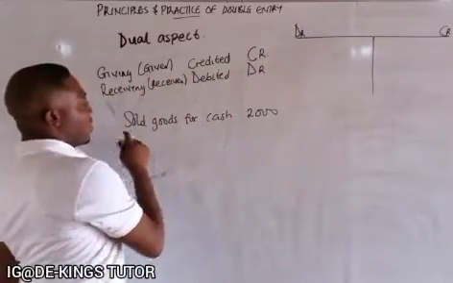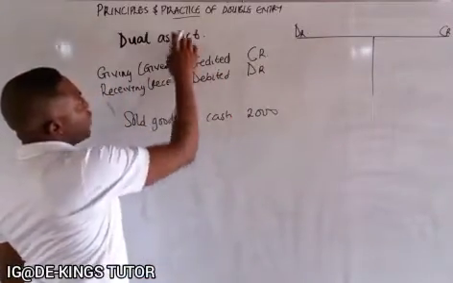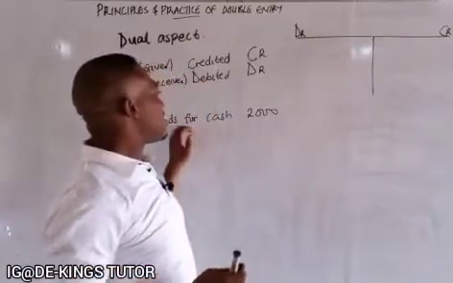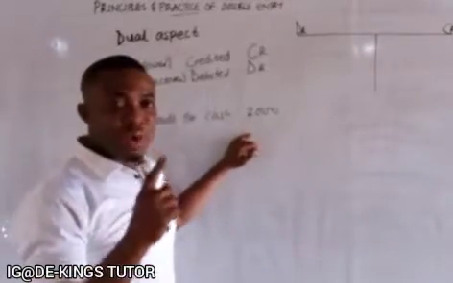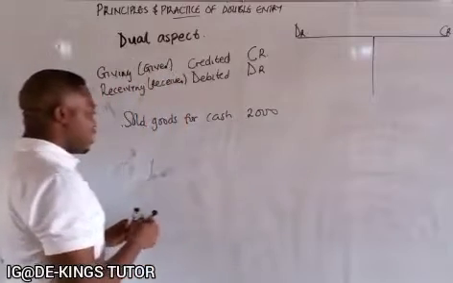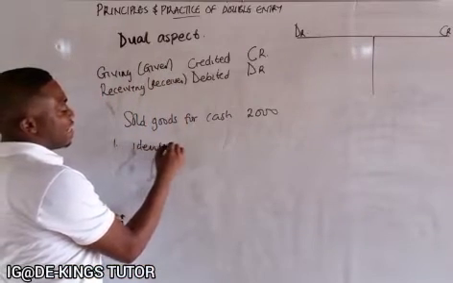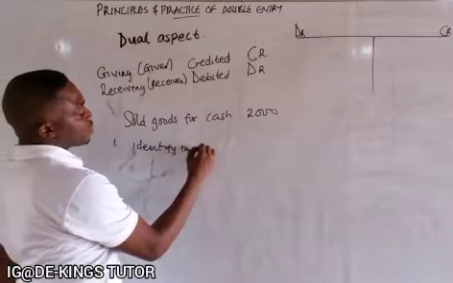So the procedure for effecting double entry is that whenever a transaction is given, the first step is to identify the two accounts.